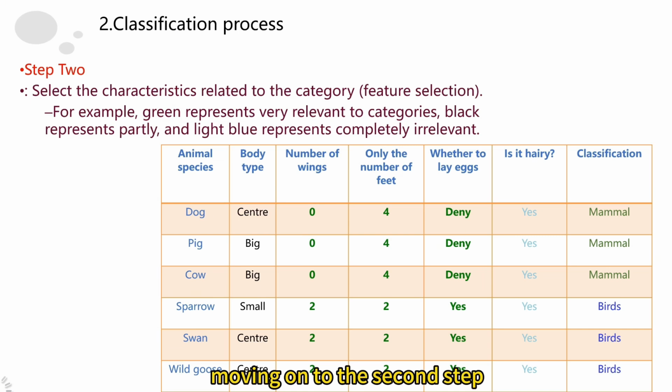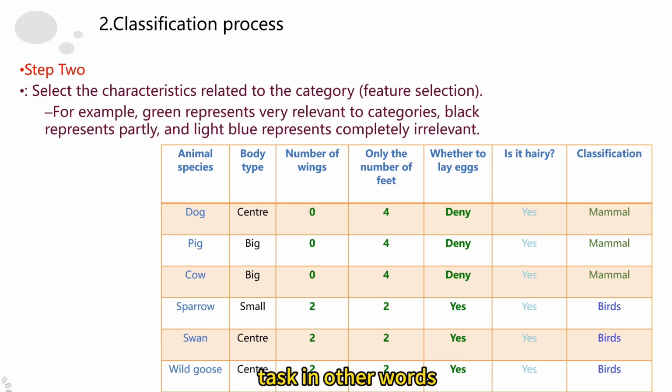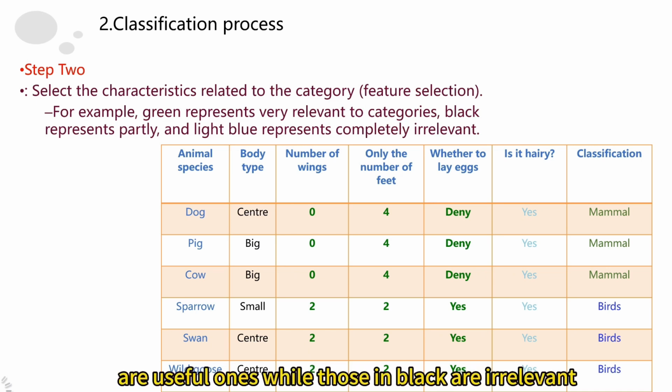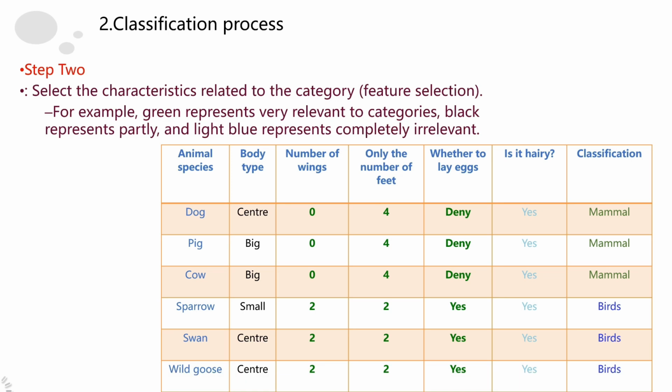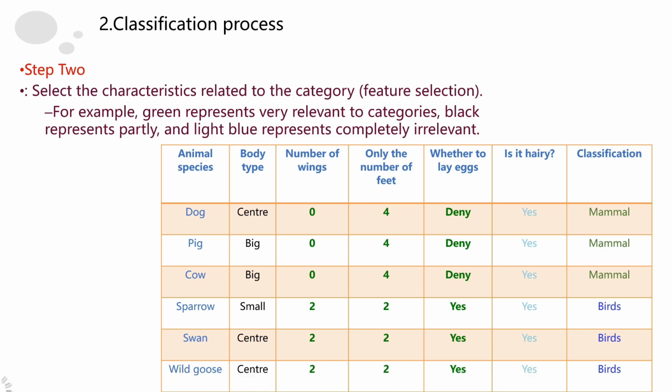Moving on to the second step, we need to select the features that are relevant to our classification task. In other words, these are features that intrinsically contribute to our task. In this example, the features highlighted in green are useful ones, while those in black are irrelevant. This is quite straightforward to understand.